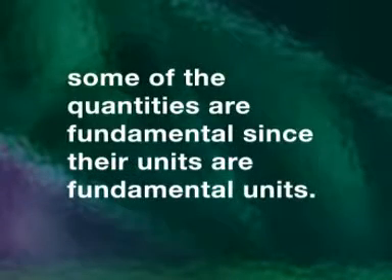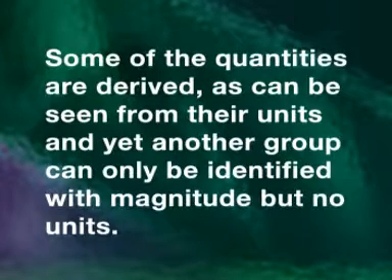Some of the quantities are fundamental since their units are fundamental units. Some of the quantities are derived, as can be seen from their units, and yet another group can only be identified with magnitude but no units. These are the dimensionless quantities.